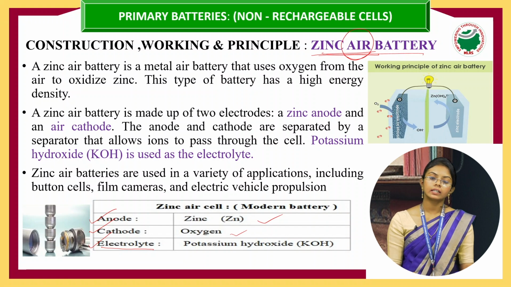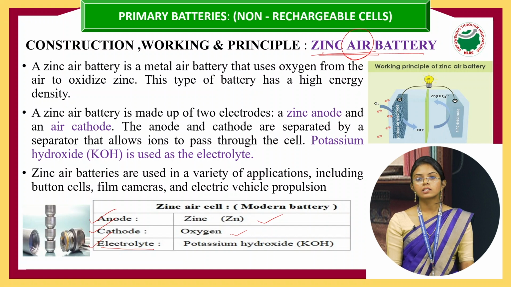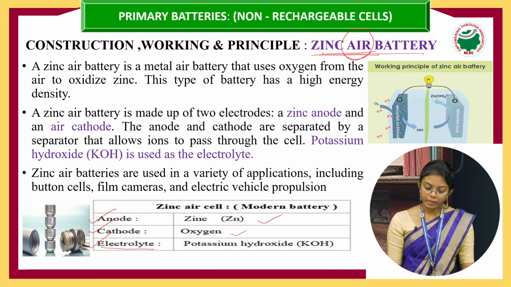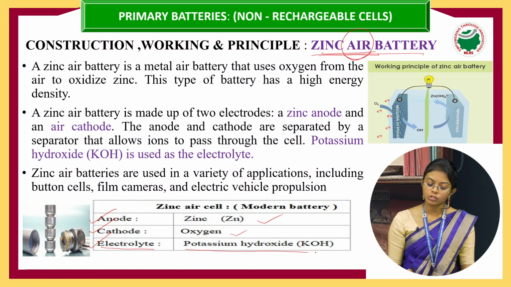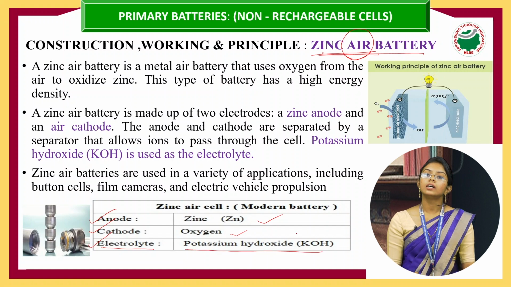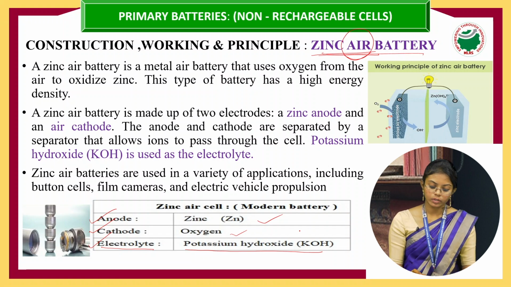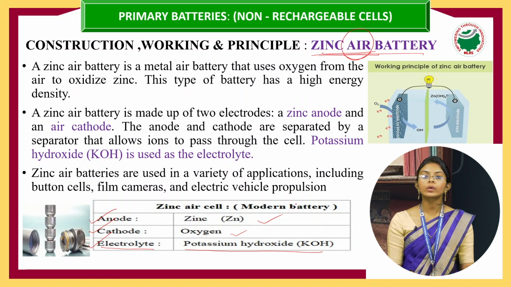We may take it as KOH or NaOH. Either potassium hydroxide or sodium hydroxide can be used, but here we are taking potassium hydroxide because the ionic conductance of potassium hydroxide is more compared to sodium hydroxide. Understood?